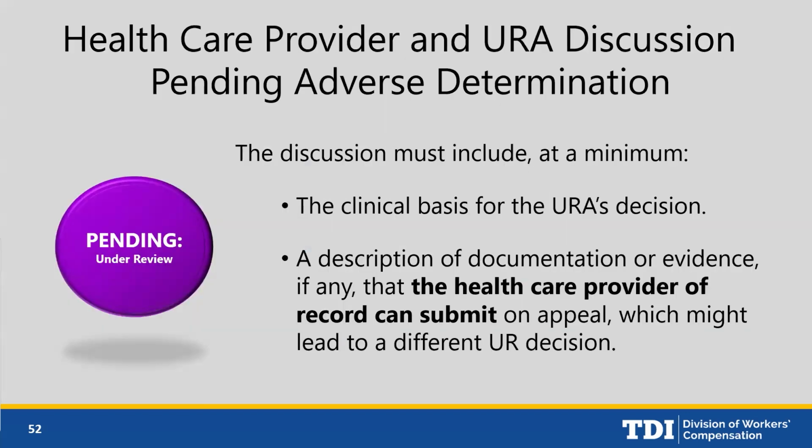So this discussion, so that 1 day before the 3 days ends, this discussion, we want it to be meaningful, and it must include, at a minimum, a discussion of the clinical basis for that URA's decision to deny you, and a description of the documentation of evidence that you could submit that might impact or overturn their adverse determination.